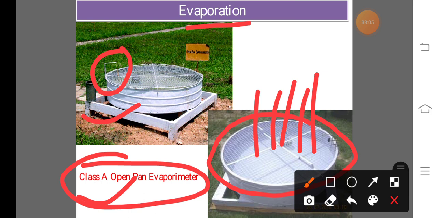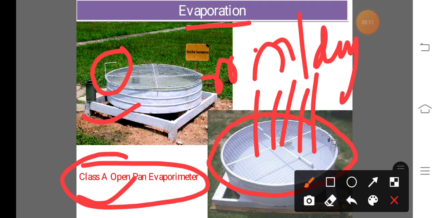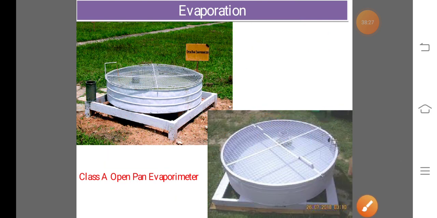This evaporation is expressed in mm per day, that means how many millimeters of water evaporate from the class A open pan evaporimeter. So this is about the measurement of evaporation.